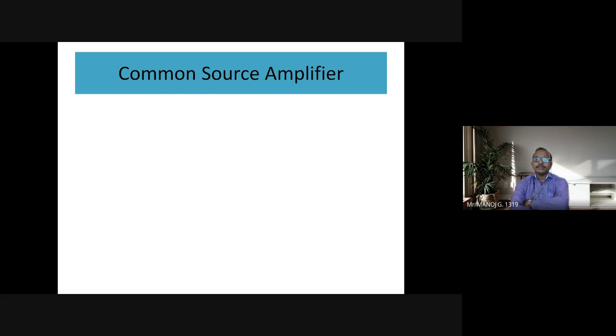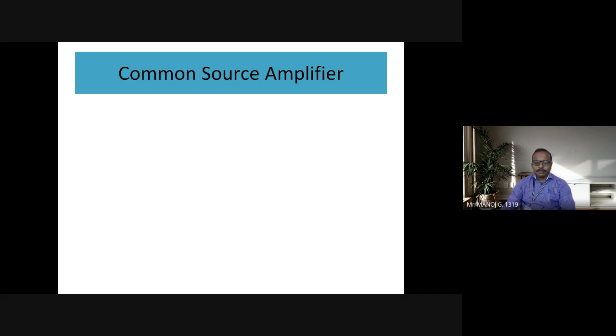Is that clear? So, what is a common source amplifier? Common source amplifier is the most basic amplifier that is used in order to make the transistor work. Now, how does a common source amplifier look like?